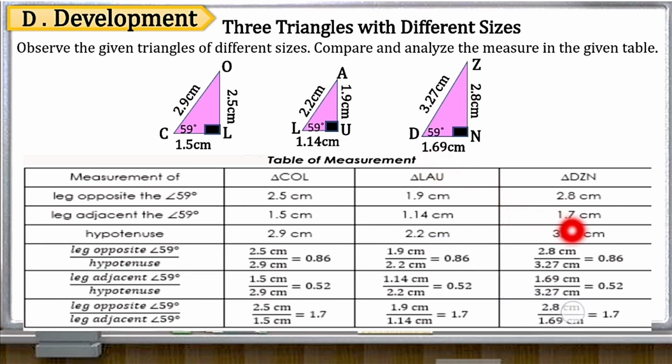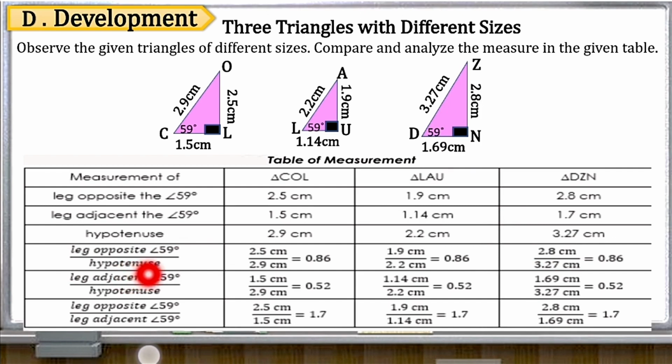So, dito class, naka-round off na 1.7 cm. Next is hypotenuse. So hypotenuse class is 2.9 centimeter, 2.2 centimeter, 3.27 centimeter.